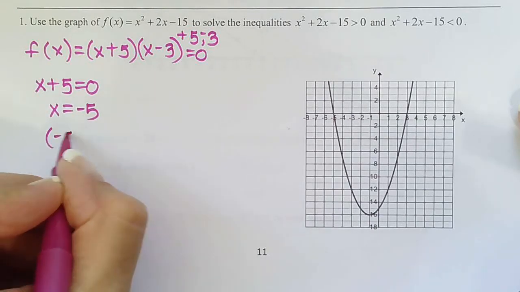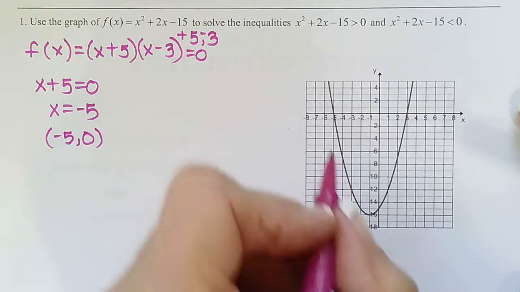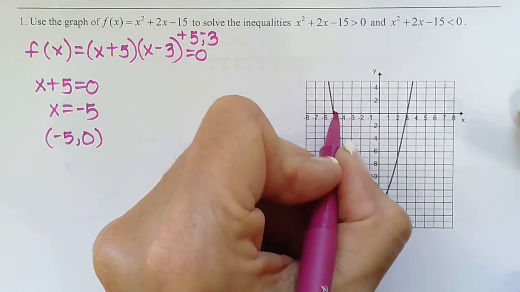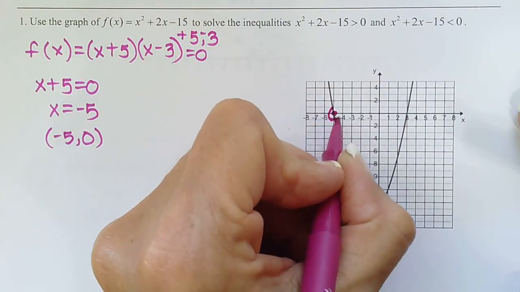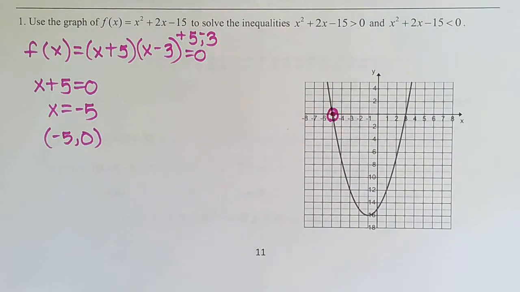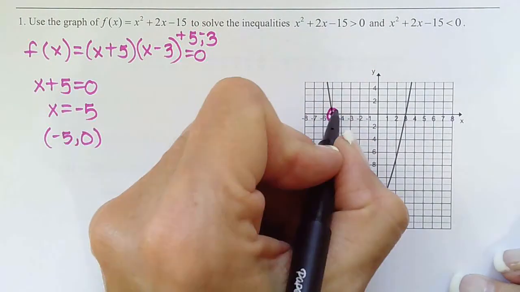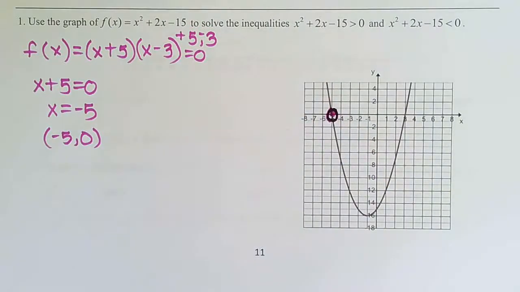So the first x-intercept would be (-5, 0), and you can see they have that plotted right there. And it should be an open circle. I accidentally started making a point there.